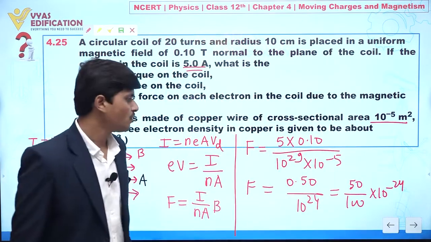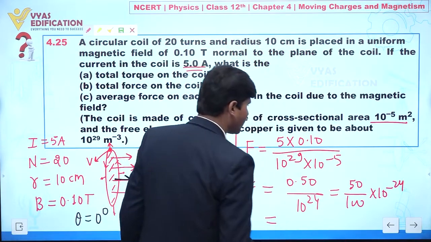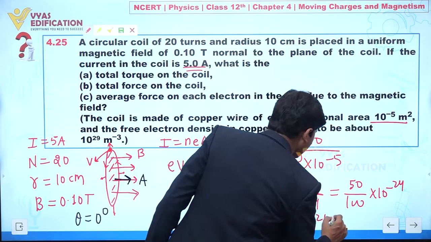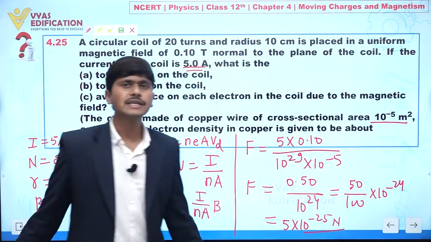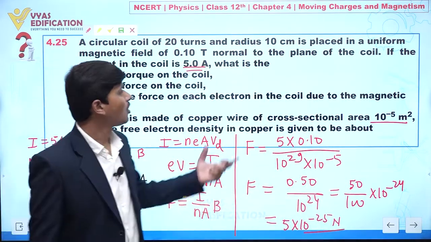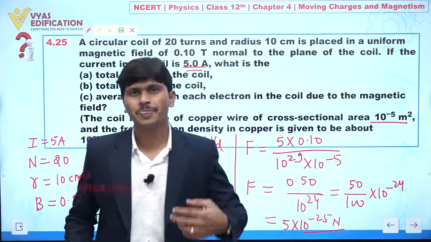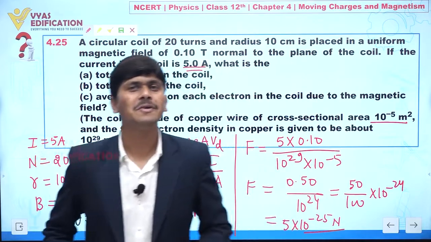From here the value is 5 into 10 to the power minus 25 Newton. So this is the average force acting on each electron of the coil due to the magnetic field. This is all about this question.